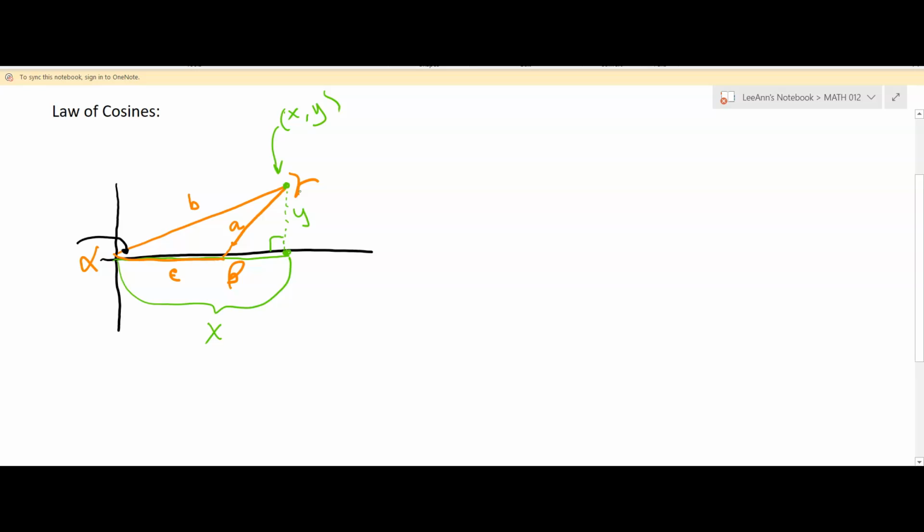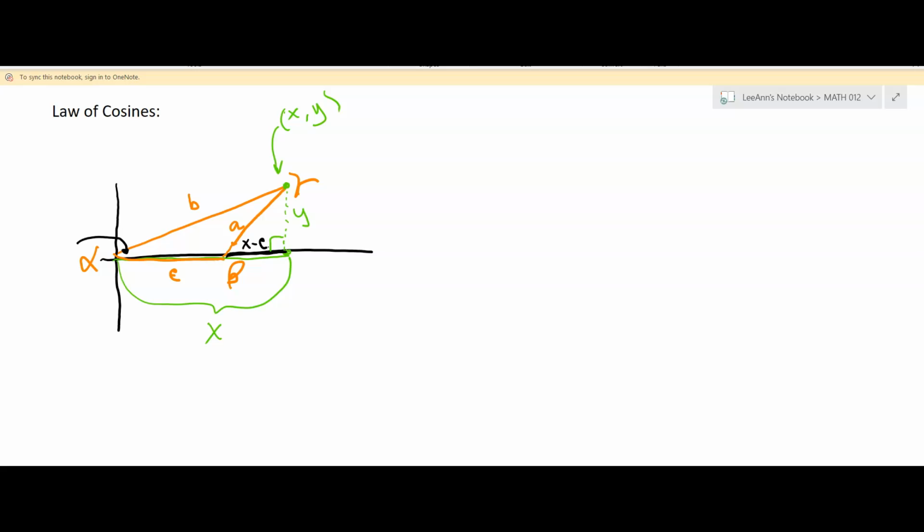Okay. I have another little distance here, right here. This part here is x minus c. Okay. So now we've got kind of three triangles going on, but we're really looking at just the big right triangle and that littler triangle that's in orange. Okay.